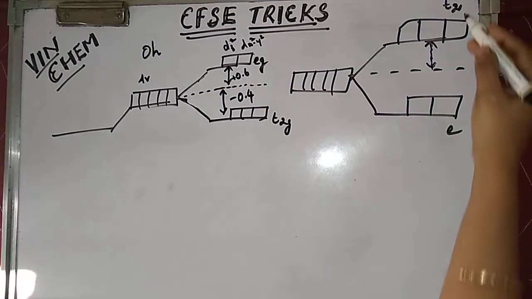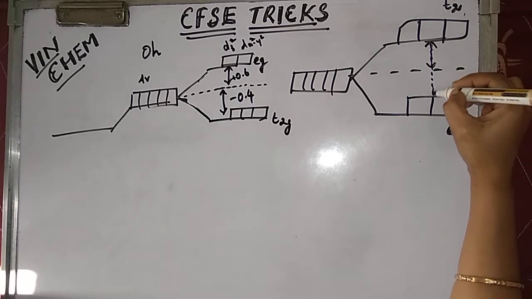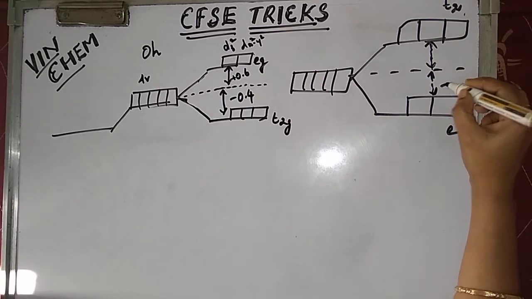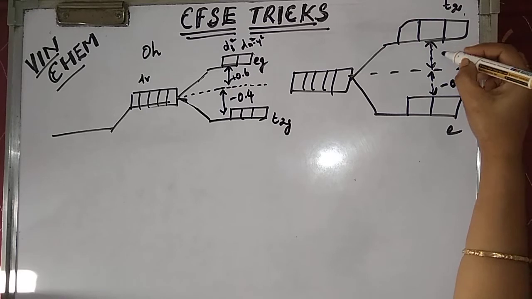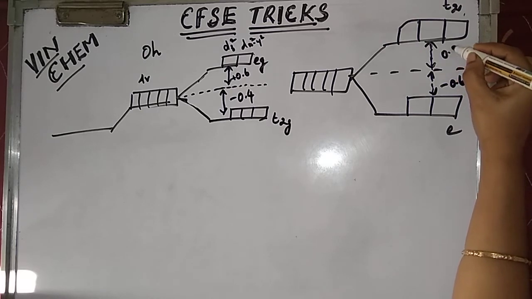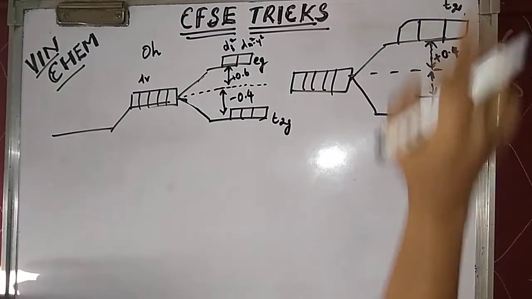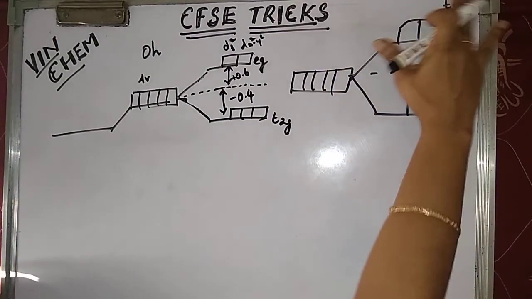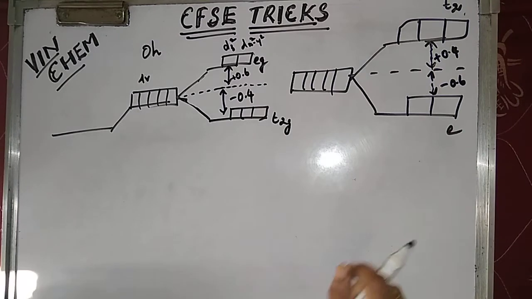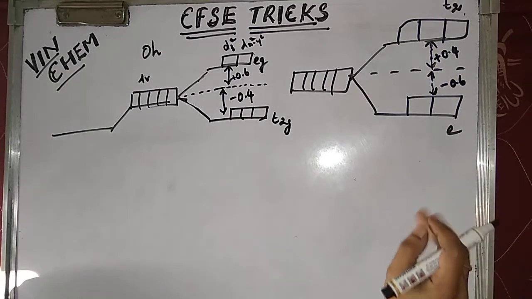That's why it is T2 and E. Here it is minus 0.6, less repulsion. Here plus 0.4, repulsion is high. So here, as always, high repulsion will be there in the d orbitals of the metal ion.